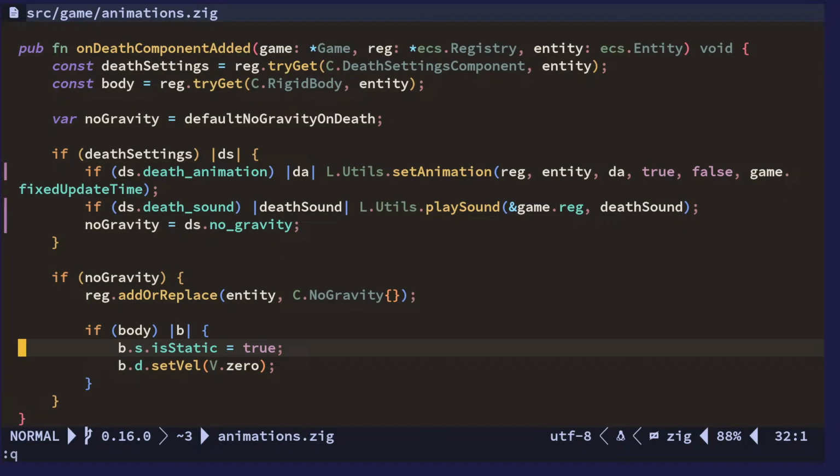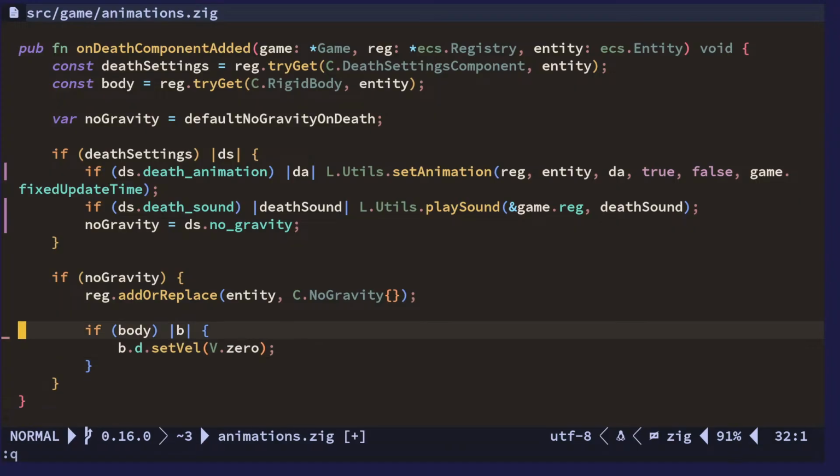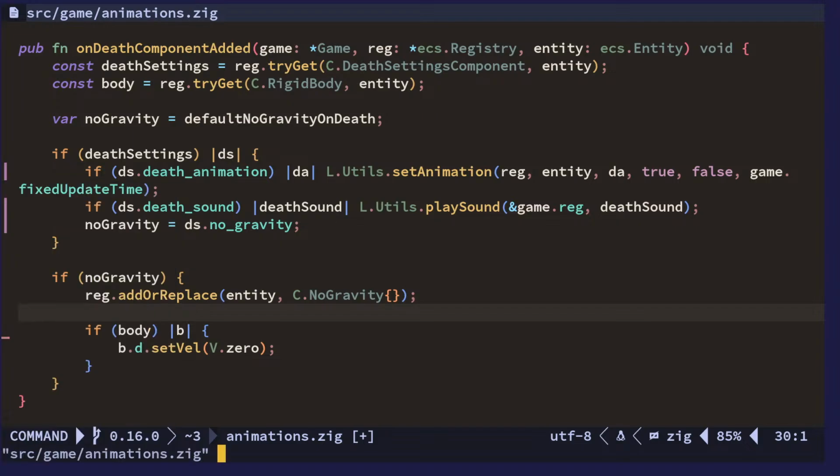Static true, that might be the thing. That messes things up. Huh. I think we don't really want to do that. There shouldn't be anything messing with the velocity now anyway.